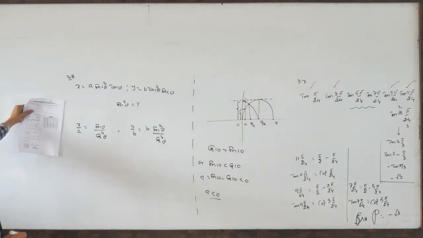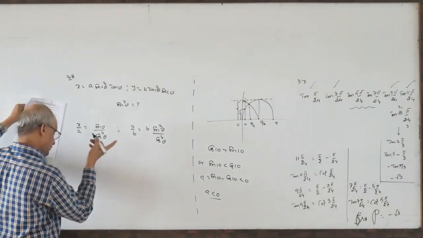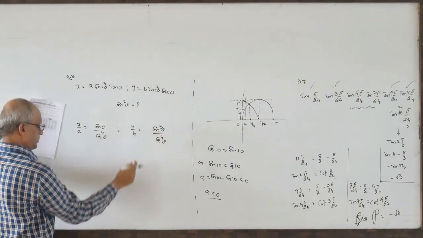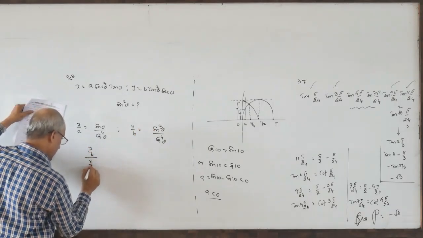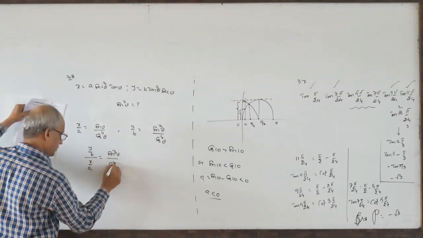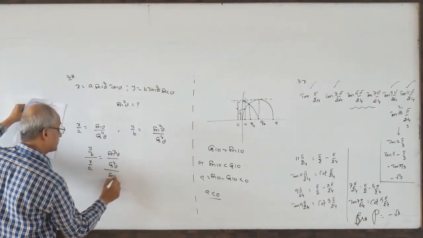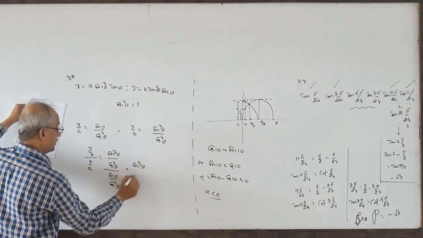Now he is asking sin square theta. Divide them. B is not there. Y by b by x by a: sin cube by cos power 4 by sin by cos power 4. What is implied? Ratio reversal.